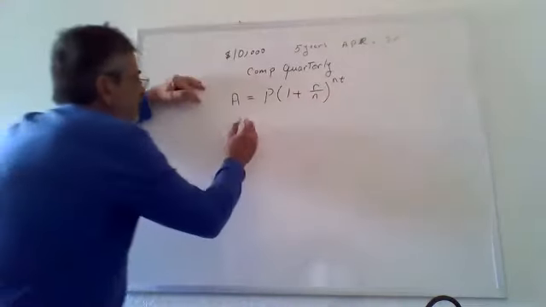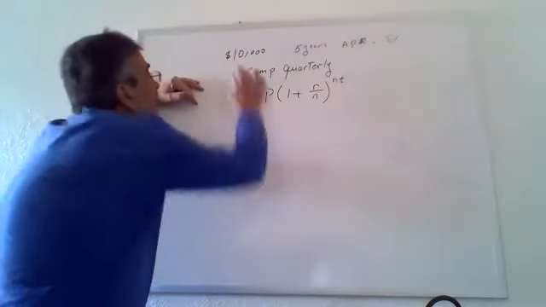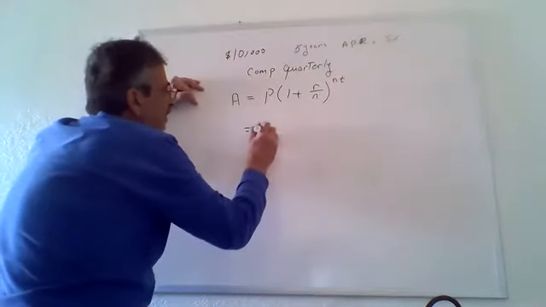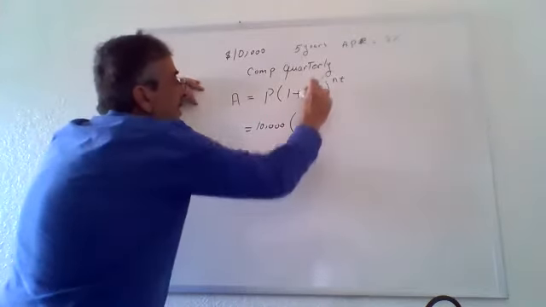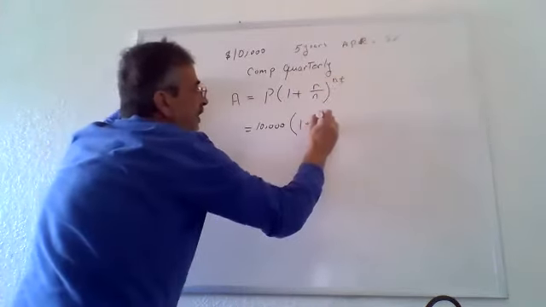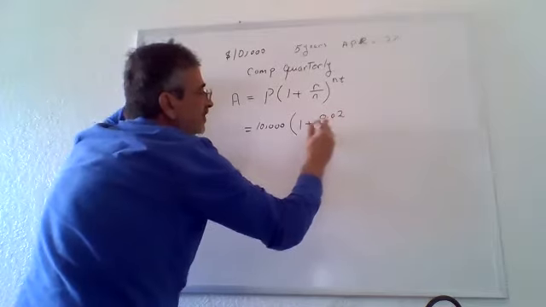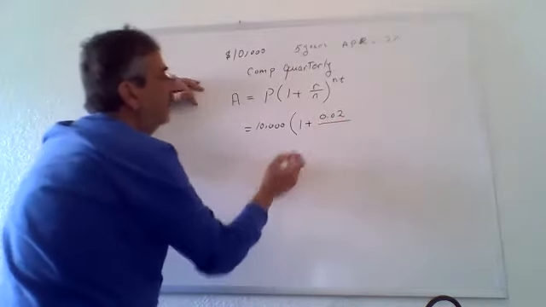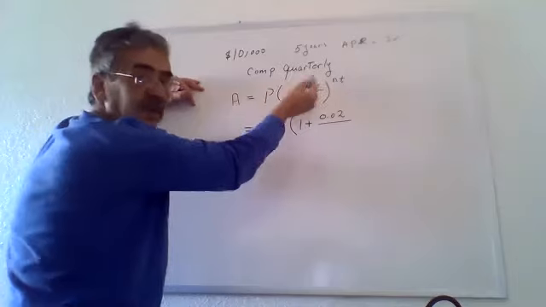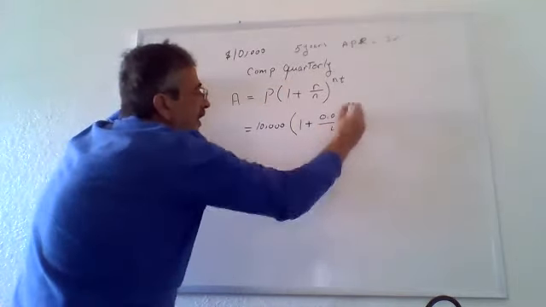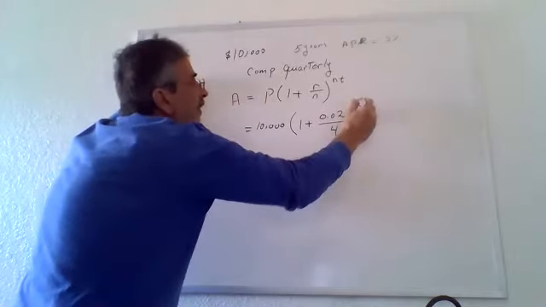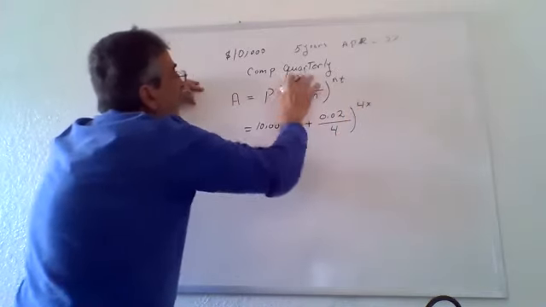So in this case, that is equal to 10,000 times 1 plus R, which is 0.02, divided by, now notice, since this is quarterly, we're going to divide by 4, to the power 4 times 5.